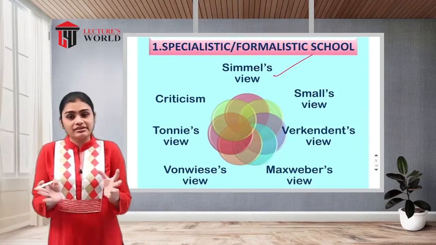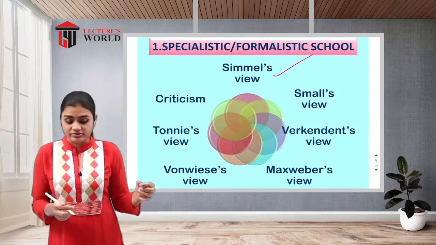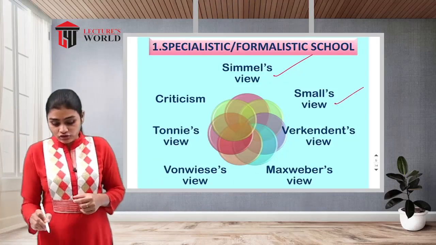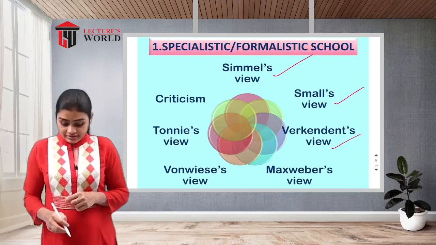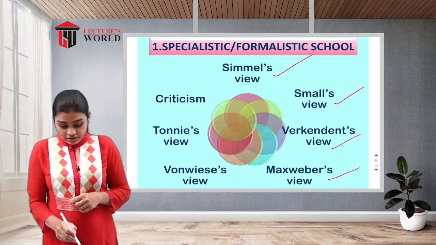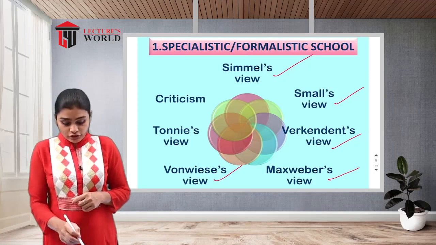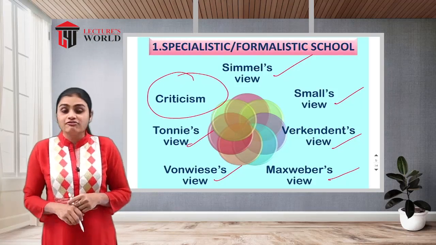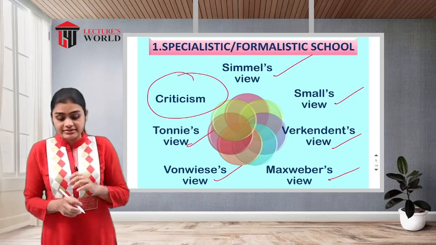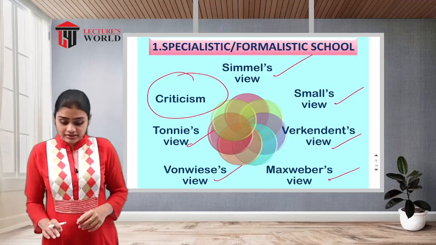All the sociologists have given their different views. The other sociologists are Small, then Vierkandt, then Max Weber, von Wiese's view, Tonnies' view, and some criticisms also we have in this formalistic, or specialistic, school. Let's learn this one by one.